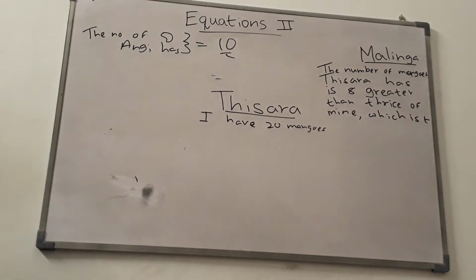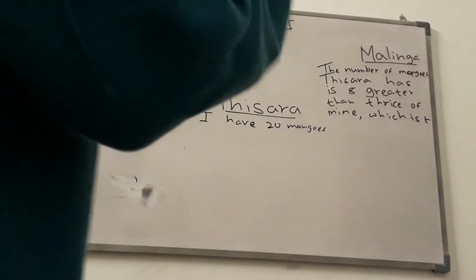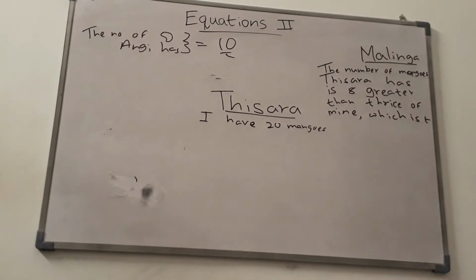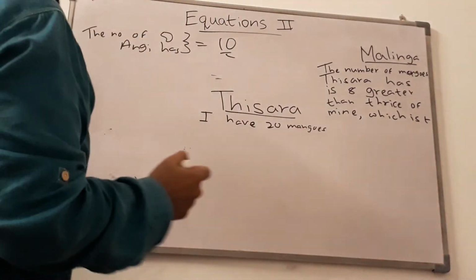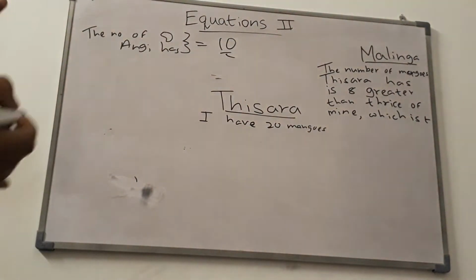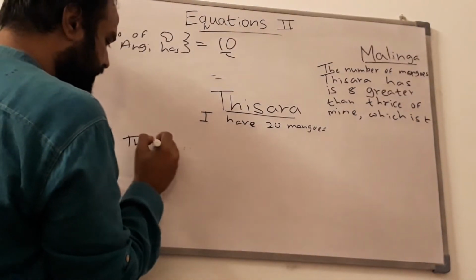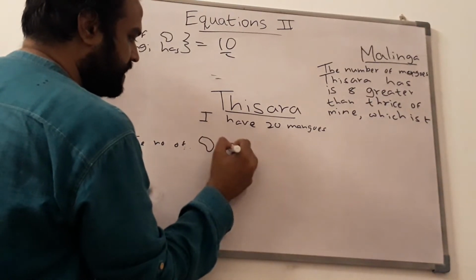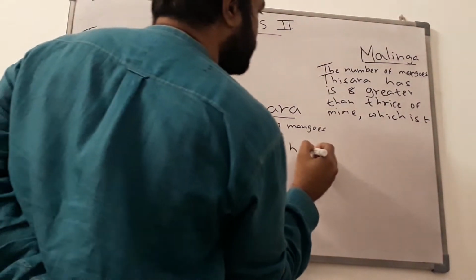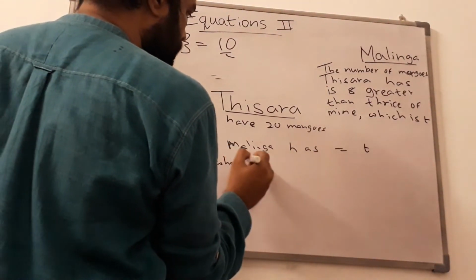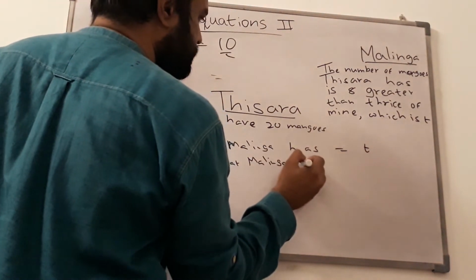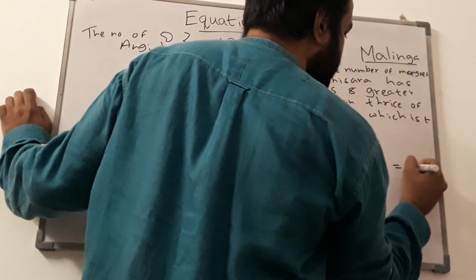Thrice of mine means thrice of Malinga's, which is T. The number of mangoes Malinga has is T. Thrice of what Malinga has means you have to multiply T by 3, which is 3T.